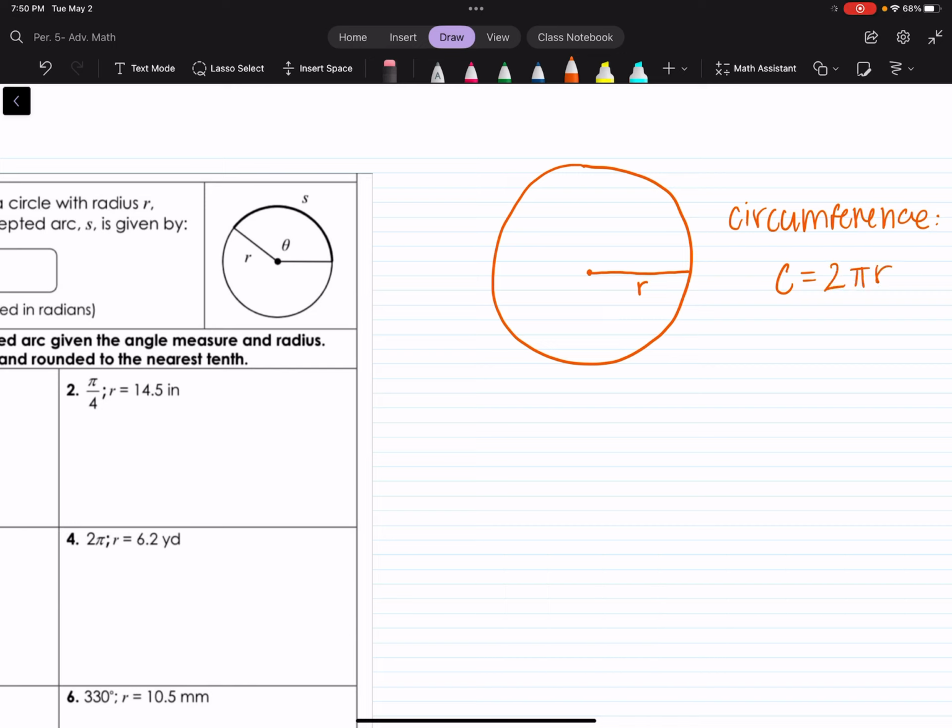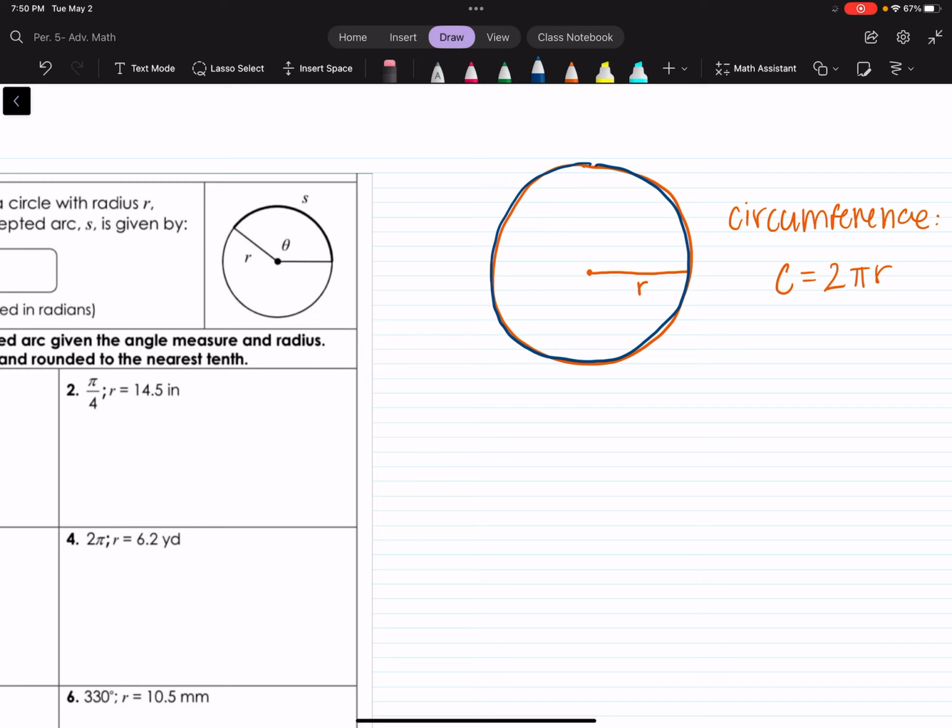You take 2 pi and multiply it with whatever the radius is. Remember, 2 pi as an approximation is about 6.28, because you take the number pi and multiply it times 2, and then you multiply that times r. That's the general formula for finding the circumference of a circle. And remember, the circumference is the distance around the entire circle.